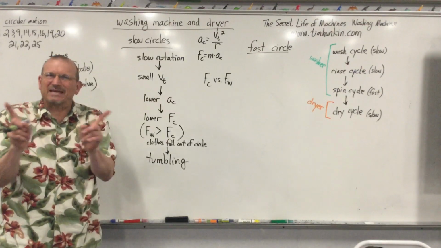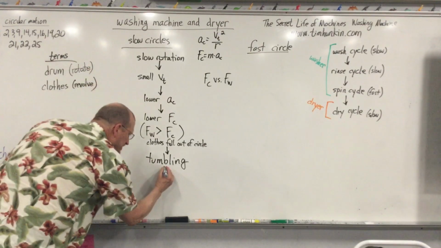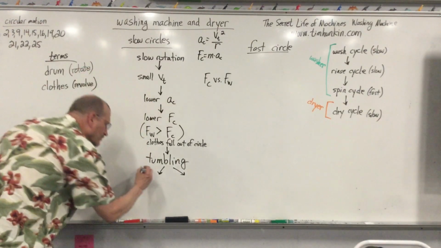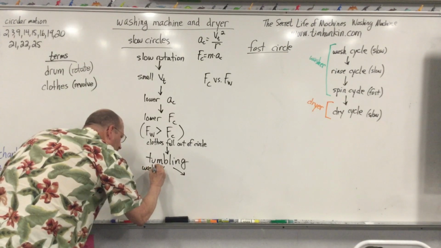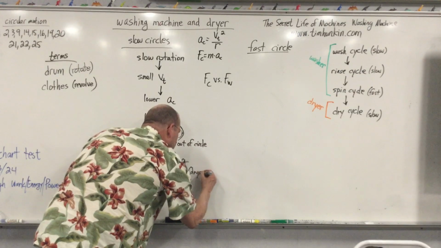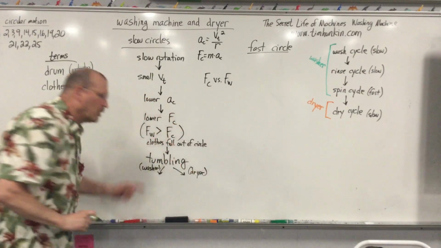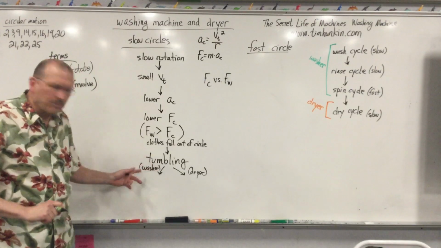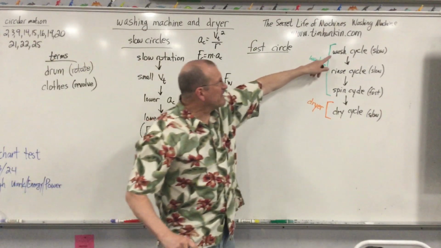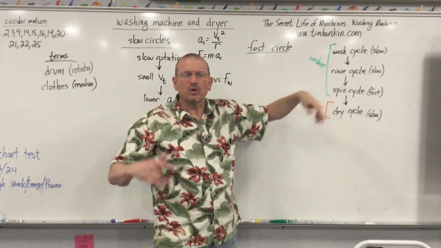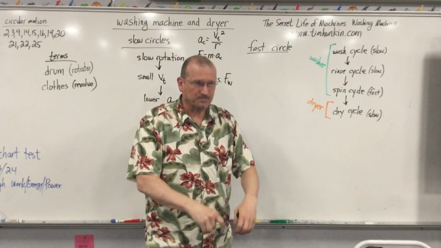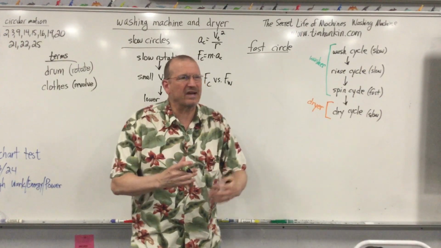Now here's where we have to make a distinction. So I'm going to split this. Washer, dryer. Why do you want the clothes to tumble in the washing machine? You only want that during these two cycles when the clothes are sopping wet, so that they fall and crush each other and squash water through the fibers.